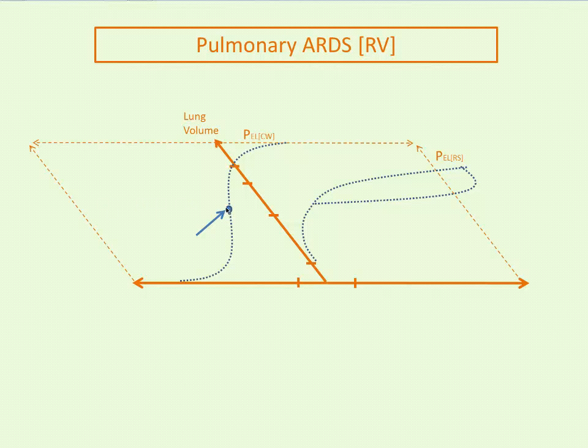And so FRC is here, and the reduction in the pulmonary compliance leads to a reduction in the compliance of the respiratory system, and that's highlighted by this curve here. This additional curve to the right of the respiratory system static compliance curve is the additional amount of pressure that must be applied by the ventilator to overcome airways resistance.